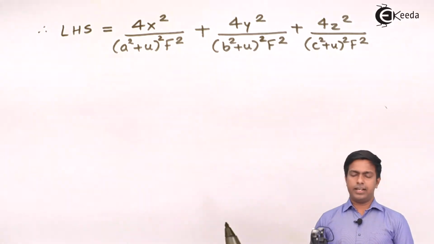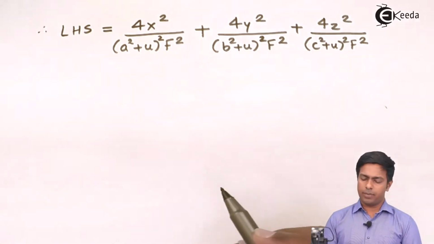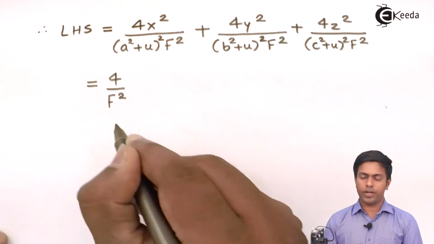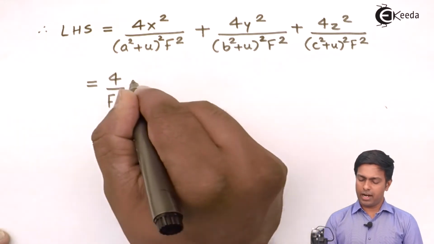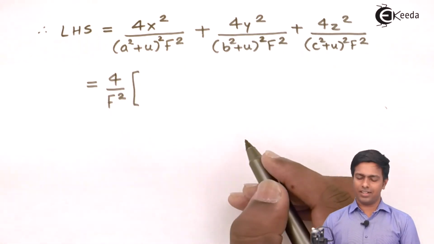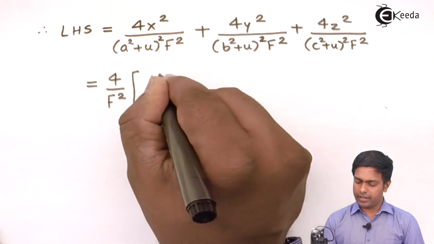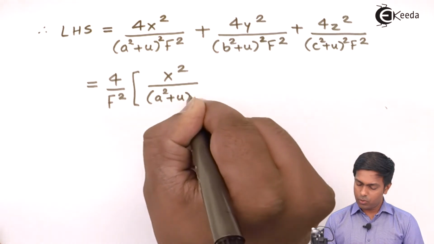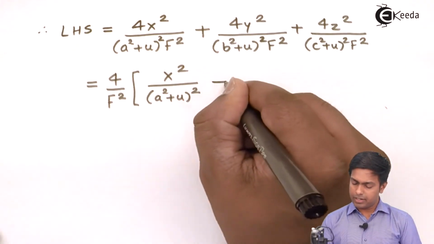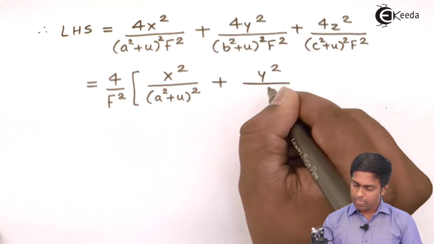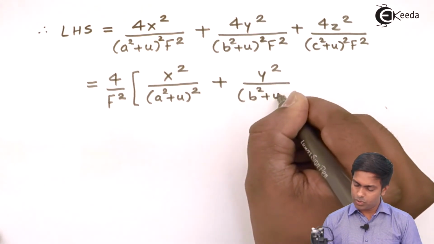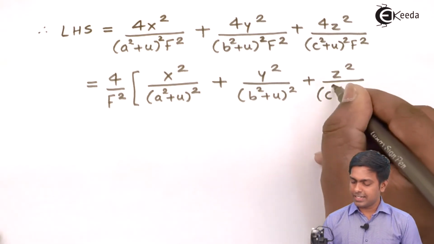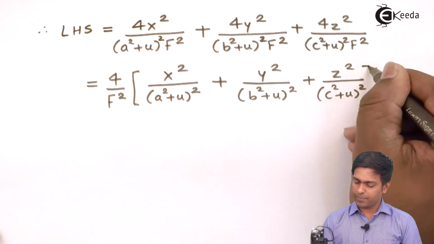Now guys, let's take common terms outside the bracket. So here I can take 4 outside, and from here I can take f square outside from the denominator, and we'll write down the remaining terms in the bracket. So here we will get x square upon a square plus u the whole square, plus y square upon b square plus u the whole square, plus z square upon c square plus u the whole square.